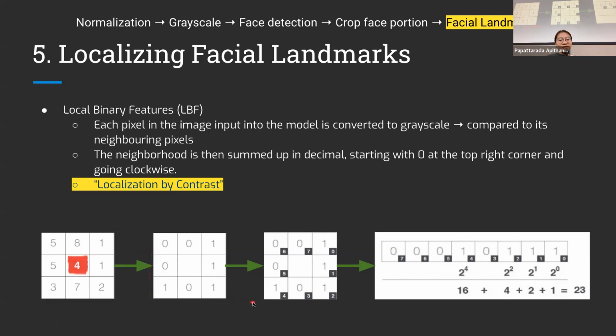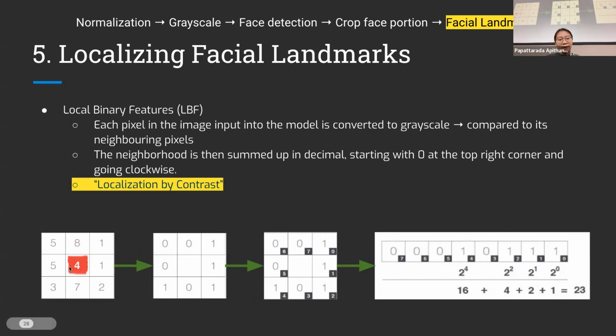So any guesses as to what I will map it as? Basically, if the center pixel has a grayscale value greater than the neighboring pixel, the neighboring pixel will be mapped as a 1 in the binary mapping. So zeros and ones.